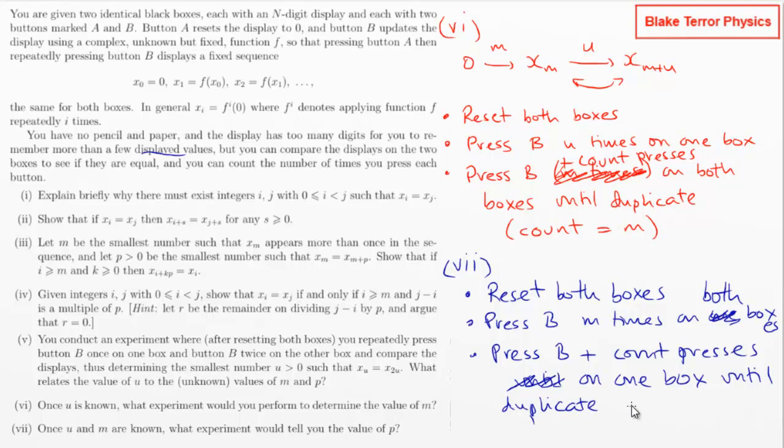And then the count equals p. Right, so reset them both, get them both up to that xm, and then just keep pressing B on one of the boxes until that display number comes back round again. And then we've got p.